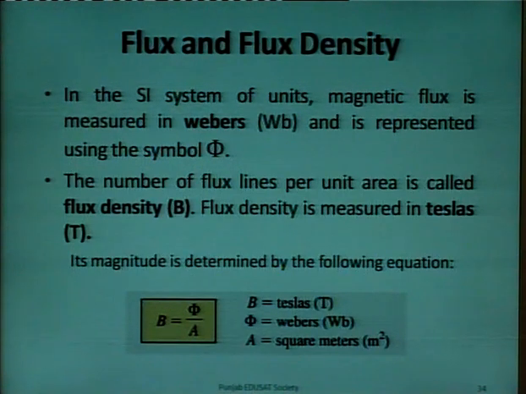Then we are having the flux and flux density. In the SI units, the system international units, the magnetic flux is measured in Webers, and it is represented by the symbol phi.